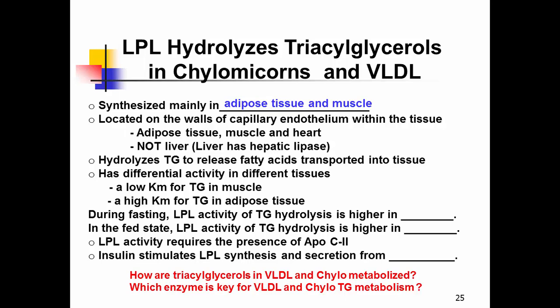It's in the wall of the capillary endothelium in adipose tissue, muscle, or heart muscle, right? LPL is not present in the liver. The liver has its own lipase. Remember we talked about hepatic lipase? It has a similar function, but the location is different.